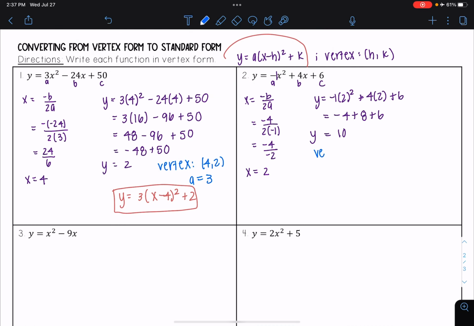So that means that my vertex here is 2, 10. My a value I found is negative 1. So plugging that all in, I get that y is equal to negative 1 times x minus 2 squared plus 10. Or in other words, y is equal to negative x minus 2 squared plus 10.